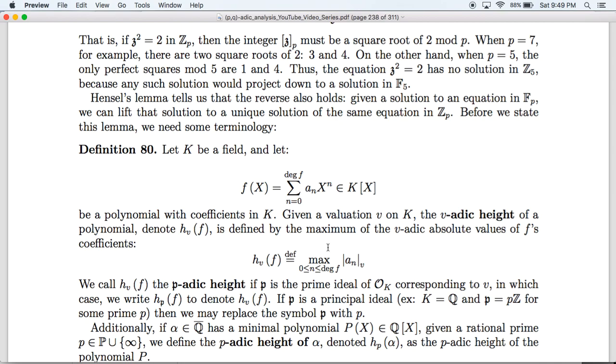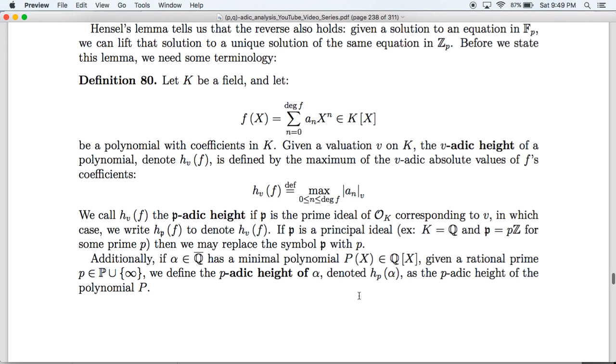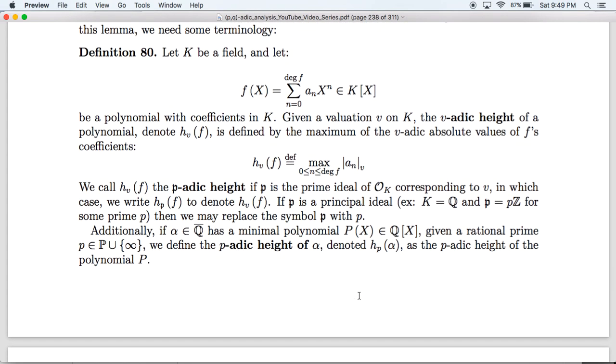So obviously, if instead of a valuation v, I have a prime ideal p, I'll call this the p-adic height. And if p is a principal ideal, we can of course replace p with the element that generates the ideal. Additionally, if alpha is an algebraic number with a minimal polynomial over Q, I will define the p-adic height of alpha as the p-adic height of its minimal polynomial.